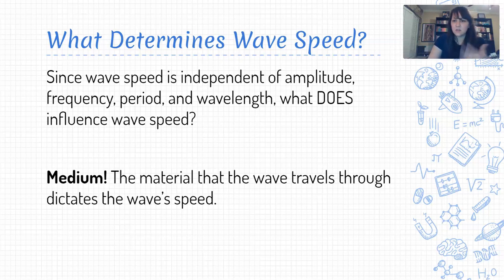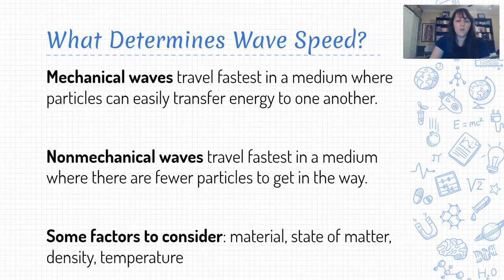Now to predict a little bit more how medium affects the speed of a wave, a couple things for us to consider. So mechanical waves, again, require a medium to propagate at all, right? So mechanical waves pass through particles, through objects, interacting and passing energy along in the form of that wave.